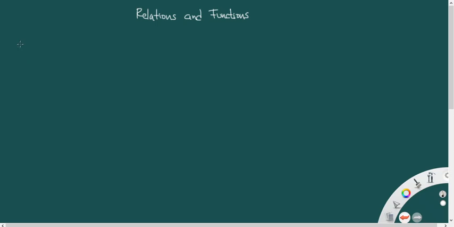Here, the first definition is the definition of a set. A set is defined in the intuitive way as a collection of objects.